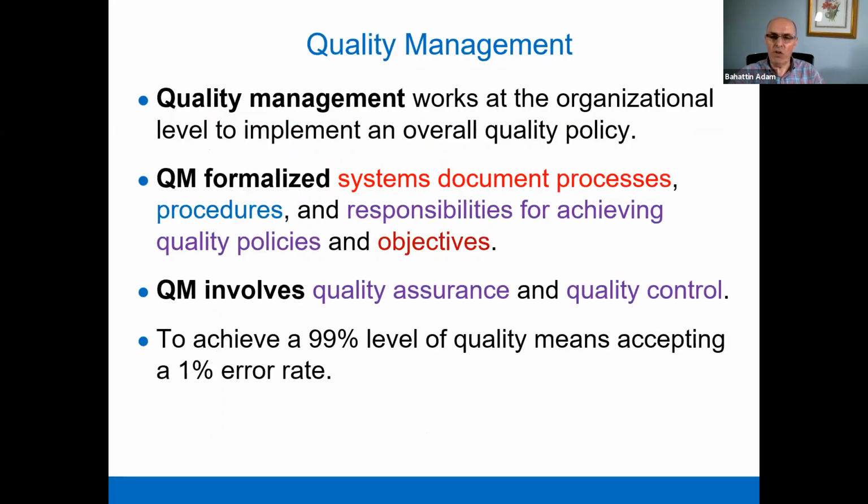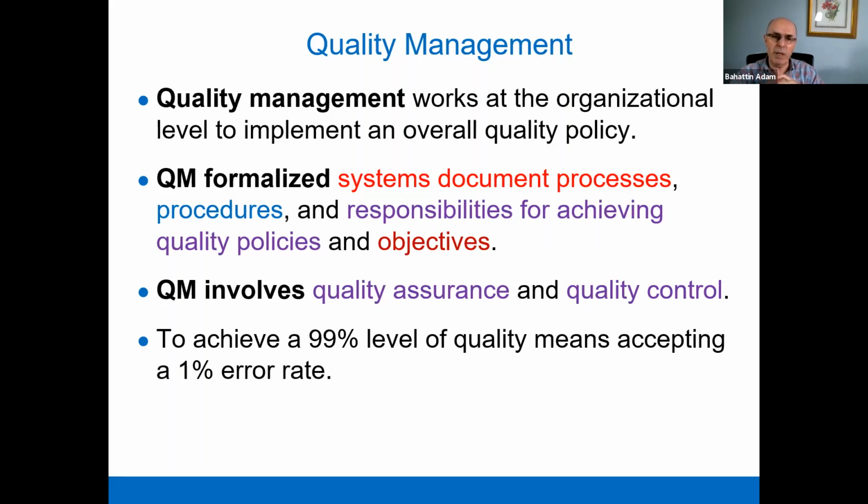Okay, quality management works at an organizational level to implement an overall quality policy. Quality management covers all issues about the quality, and it works at organizational levels such as hospitals or outpatient clinics, and so on.